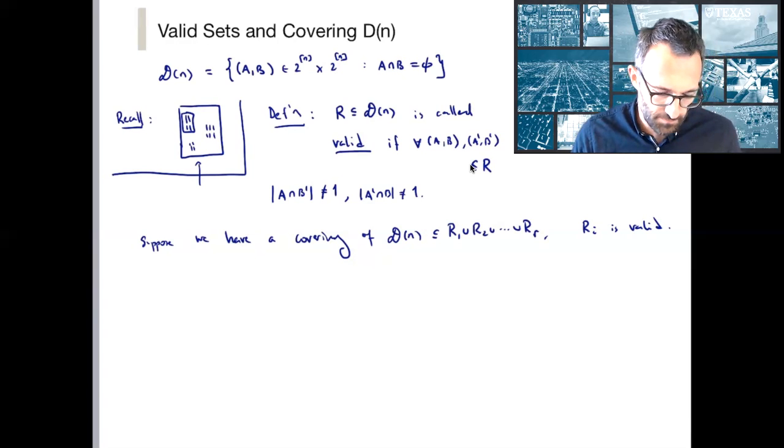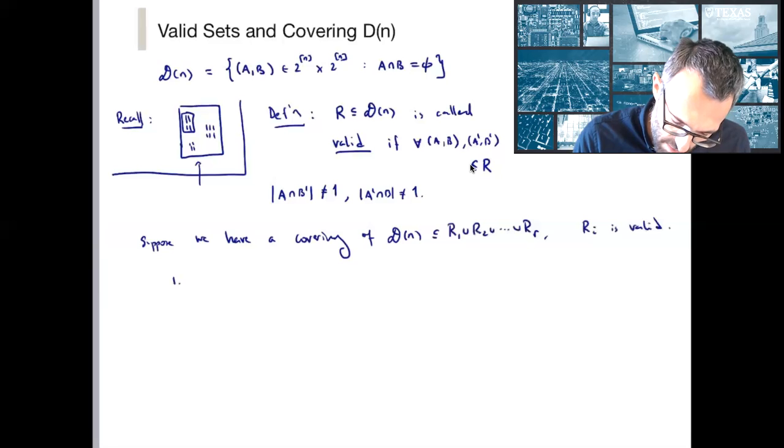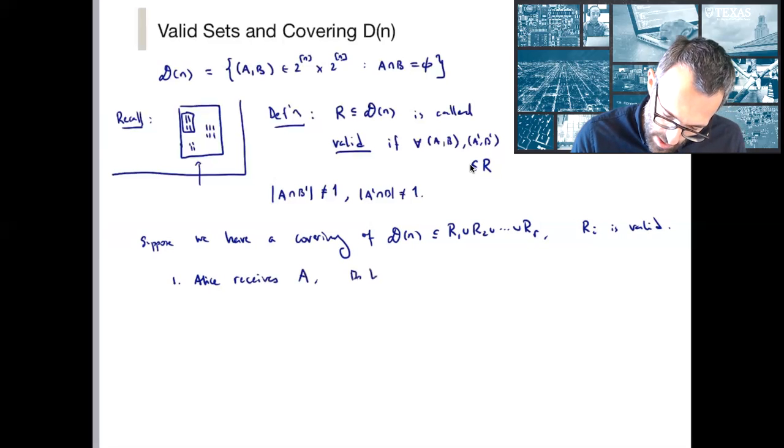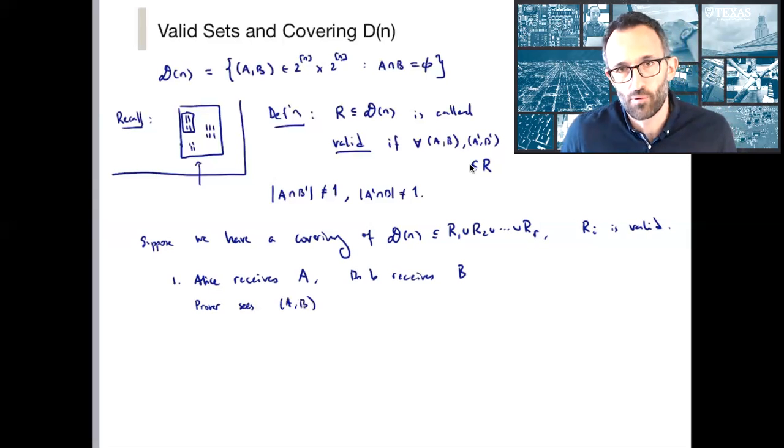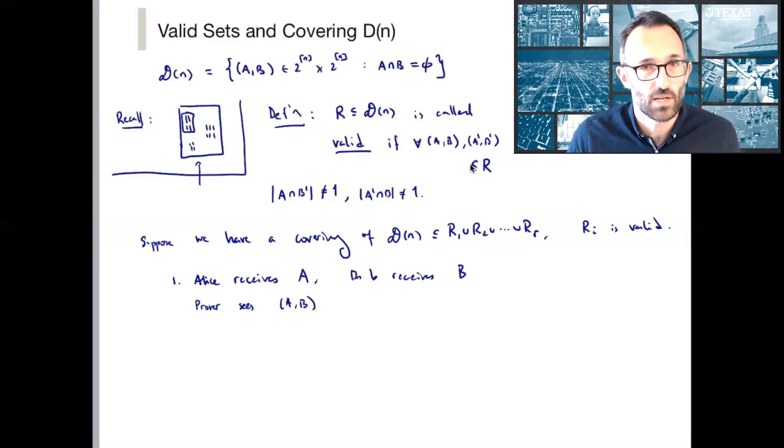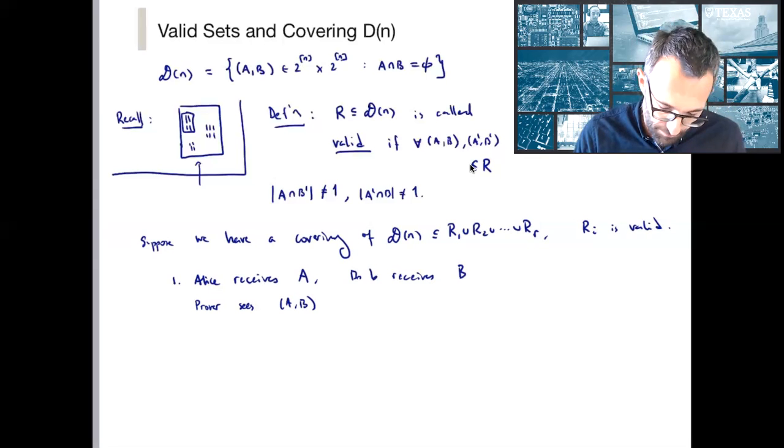So what does the prover do? Okay, so first in our game, Alice receives A, Bob receives B, and the prover sees both A and B. And recall, by prior agreement, the intersection of A and B is either 0 or 1, but it can't be more than that.